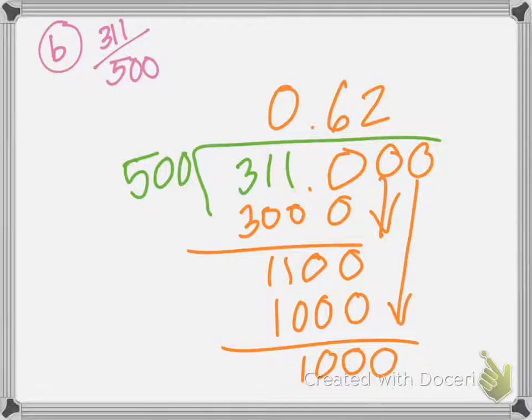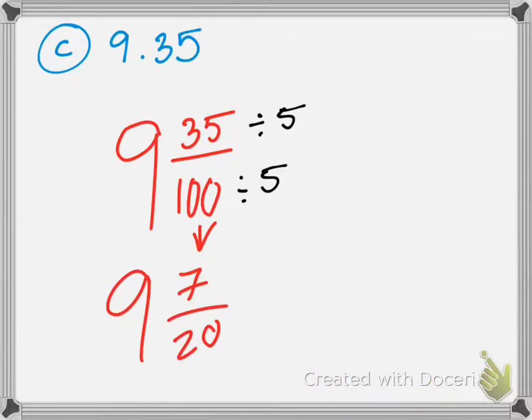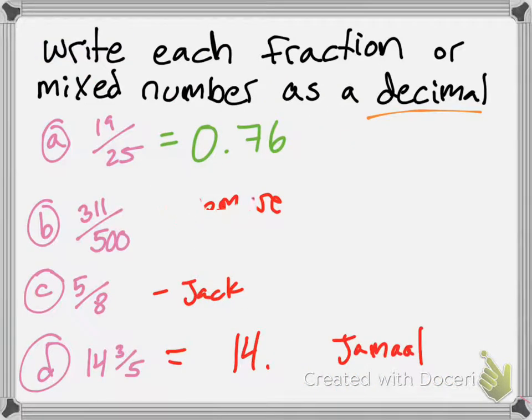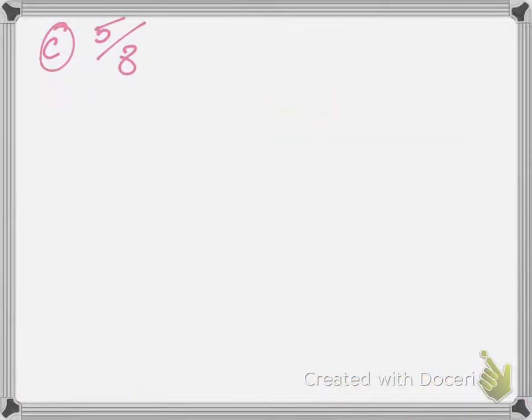It goes in again 2 times. It's exactly 1,000. I subtract and get 0. So perfect, you guys. The answer for that one, thank you, Lior, we got 0 and 622 thousandths. Jack, what did you get for this problem?